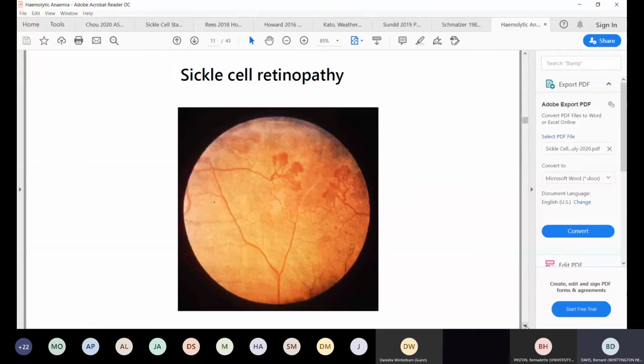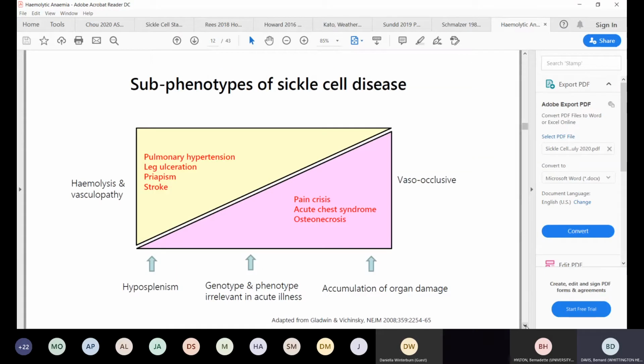And then the other chronic problems like sickle retinopathy, which can cause blindness. And we've seen that in some patients that we've looked after who sadly have become blind as a result of sickle cell disease. So it's a condition with widespread effects and no organ system is spared.